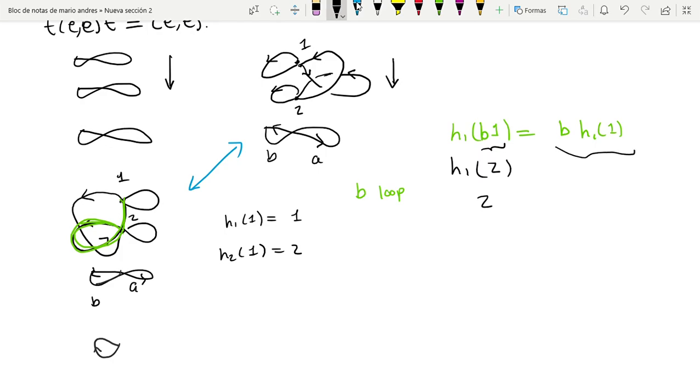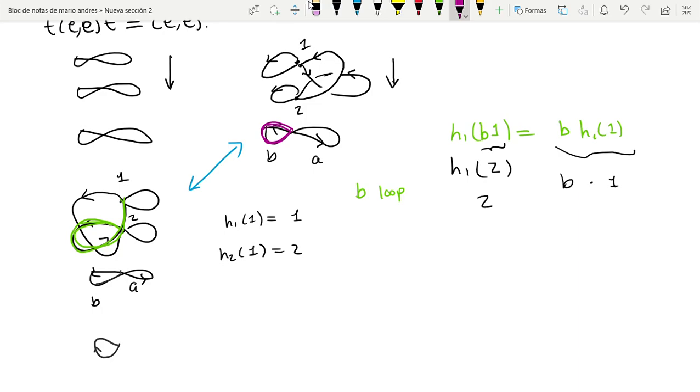Now let's see the right side. H1 on 1, by definition, is just what? 1, right? So we need to determine how V acts on 1, right? So again, we consider this loop, well, V in reverse, right? So this loop, and we lift it to the path that starts in 1, right?